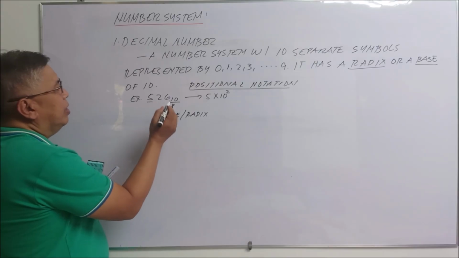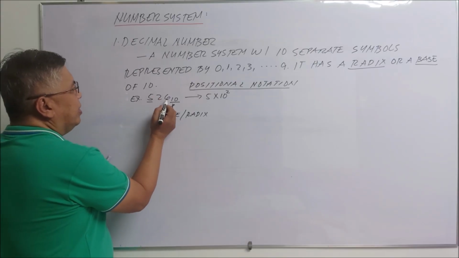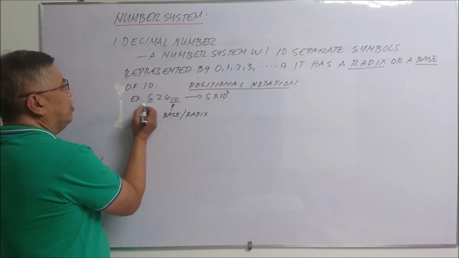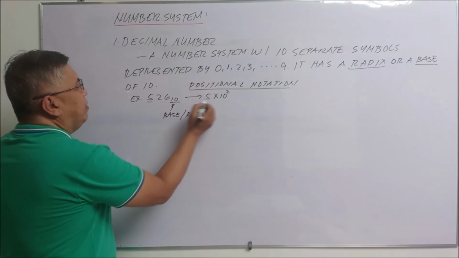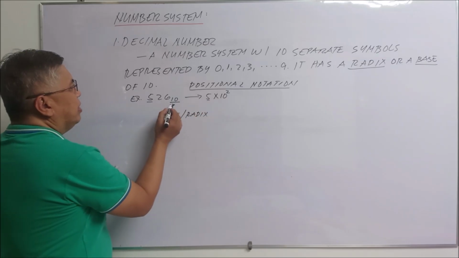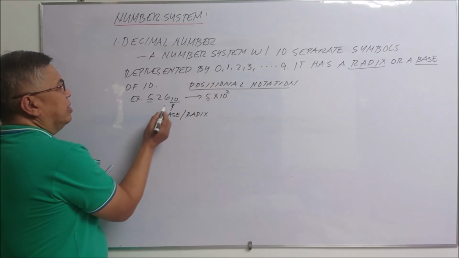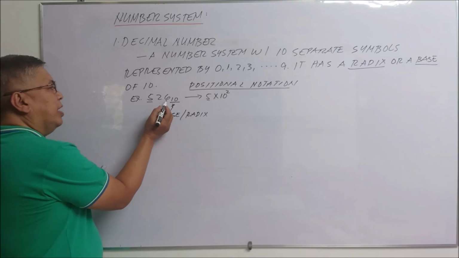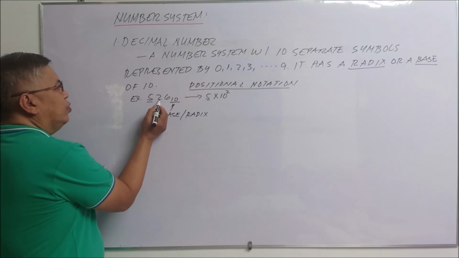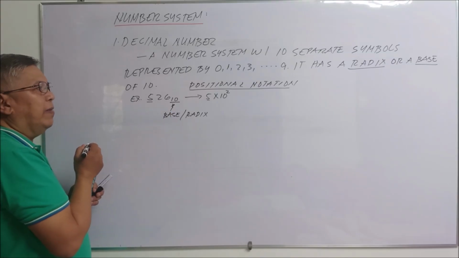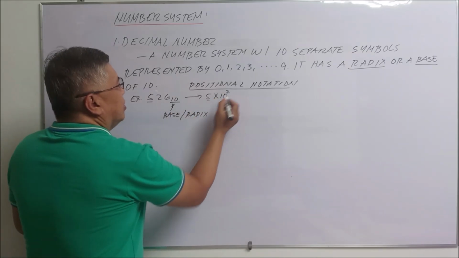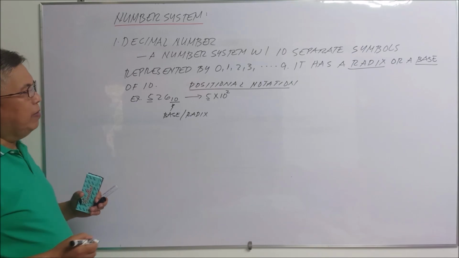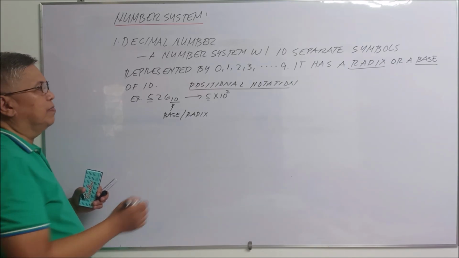We count the number of digits from right going to the left, excluding the number that we are using. For example, we are using 5 here. So if we multiply it by the base 10, then you count the number of digits from right going to the left: 1, 2, excluding the 5 that we are using. So you have 1, 2, that is your power. 5 times 10 to the second.